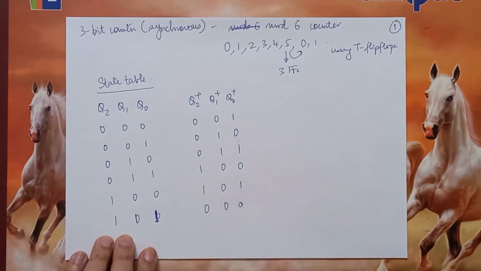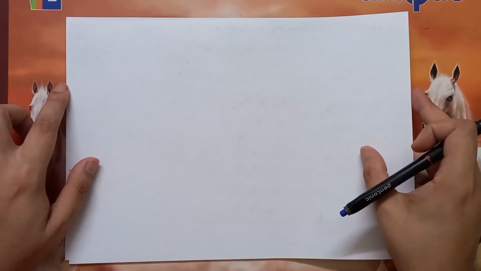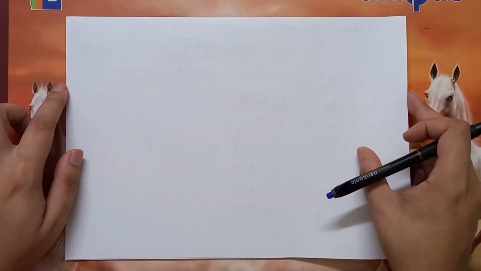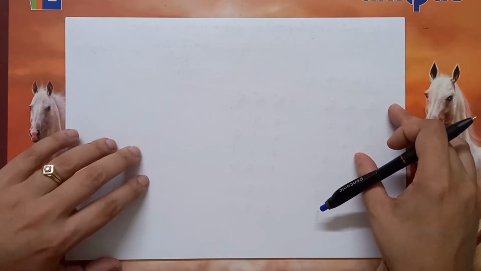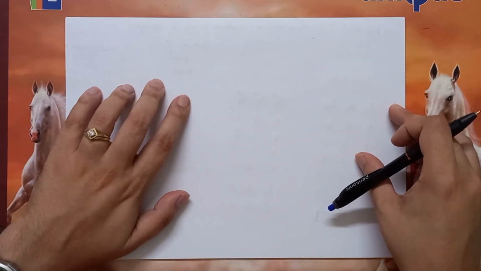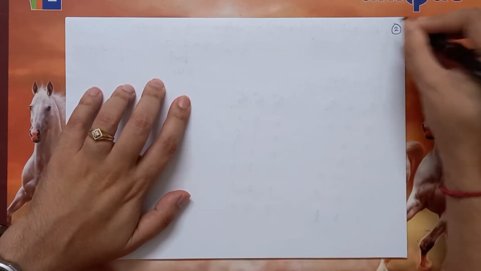This is what the basic state table looks like. Now let us expand this in more detail to understand what will happen to the remaining states, that is 6 and 7, which are also possible in a 3-bit counter, but in this particular case we do not want to see them.